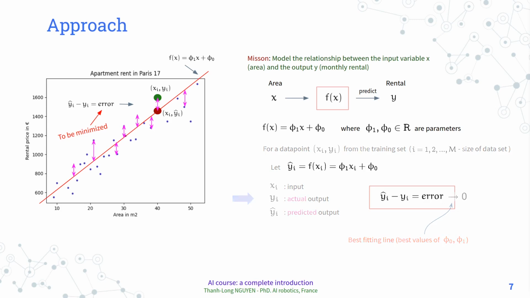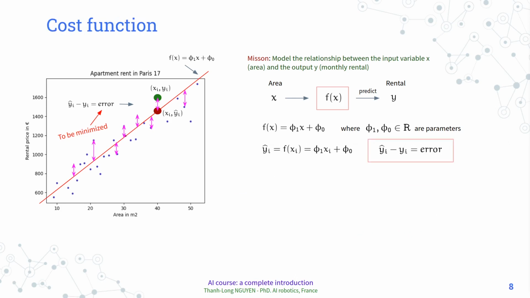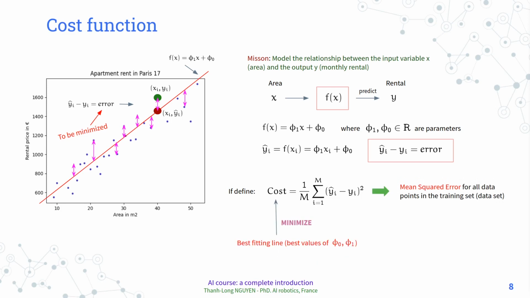With this idea in mind, if we define a cost value like this, cost equals 1 over m sum from i equals 1 through m of square errors, this is called the mean square error for all the data points in the training set. Then, our objective is to minimize this cost value to find the best values of phi0 and phi1.